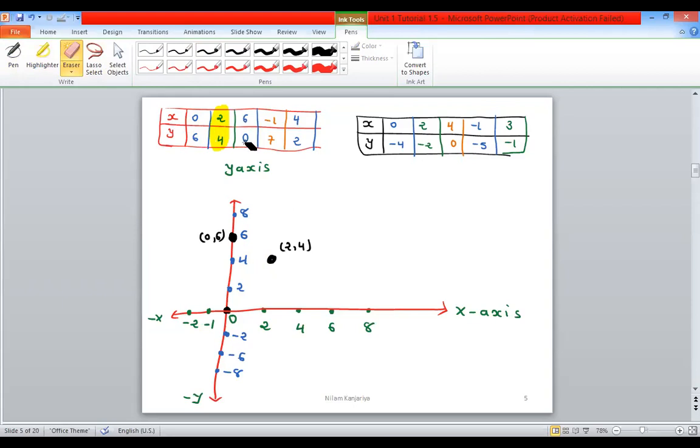Third point is x is 6 and y is 0. X and y both are 0 on the origin. So x is 6 and y is 0. It's here, exactly on the x-axis. This point is 6, 0.